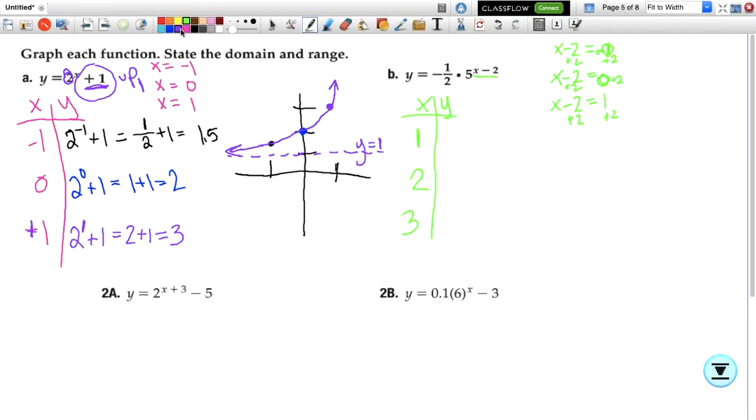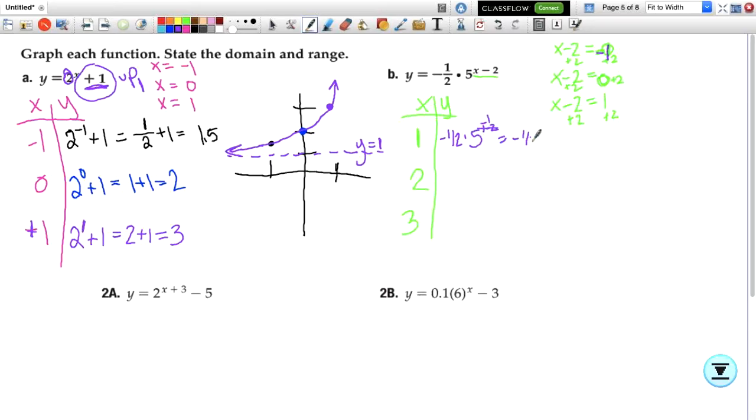So now I'm just going to plug those in and get my actual points. So I have -1/2 times 5 to the 1 minus 2. And remember, 1 minus 2 gives me a -1. I know that, right? I made it that way. So I'm going to have 5 to the -1. Well, anything to the negative power means take the reciprocal. Stick that 5 in the bottom and put a 1 up top.